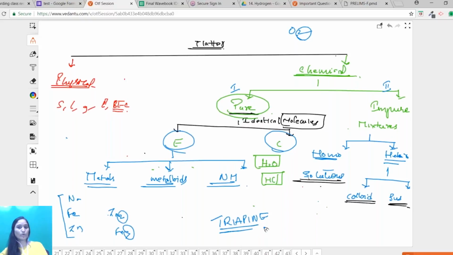What I'm doing now is trying to synthesize the derivatives of this medicine, the metal complexes of Triapine, which will be helpful to treat the tumor cells even at advanced stages. Right now, for advanced stage tumors, we don't have proper medication. Even chemotherapy isn't effective for last stage cancers.